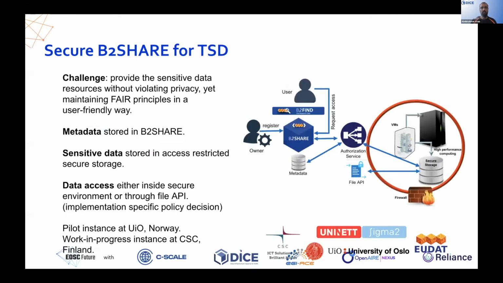So this is the main challenge: providing the sensitive data resources without violating privacy and maintaining FAIR principles, and the metadata stored in B2Share. So this is how it works. A user may access this through B2Find to our Secure B2Share, or access it through Secure B2Share itself.